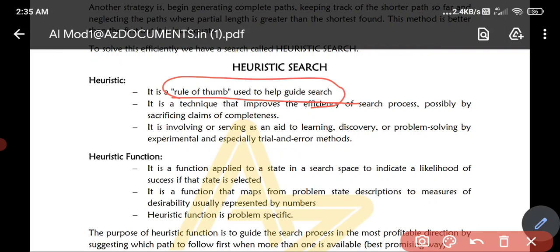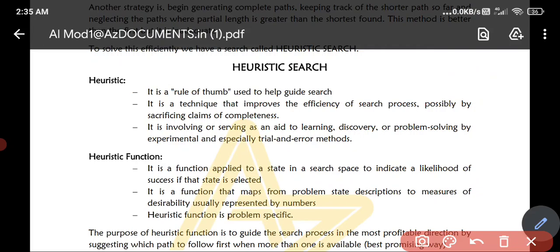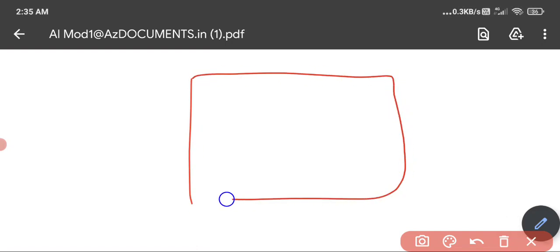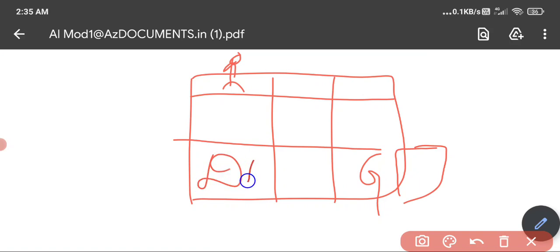The next one is the heuristic function. This function is applied to the state in search to indicate whether the solution we have chosen is likely to succeed or not. For example, let's take this path. This is the goal. I will draw. Here a person is standing, and this is the goal, and here you have one open door, and this is a death door. If he reaches from here to here, he wins.